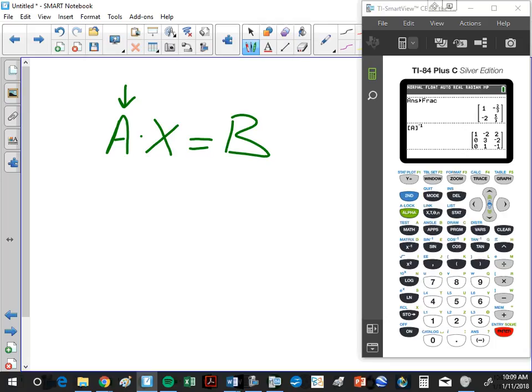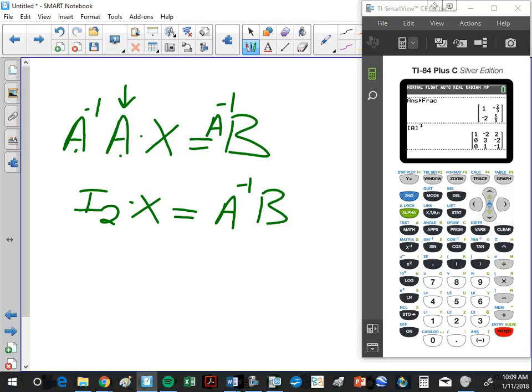So what I do is I multiply both by the inverse. And I get A inverse times A is I2 times X equals A inverse times B. And what is I2 times X?